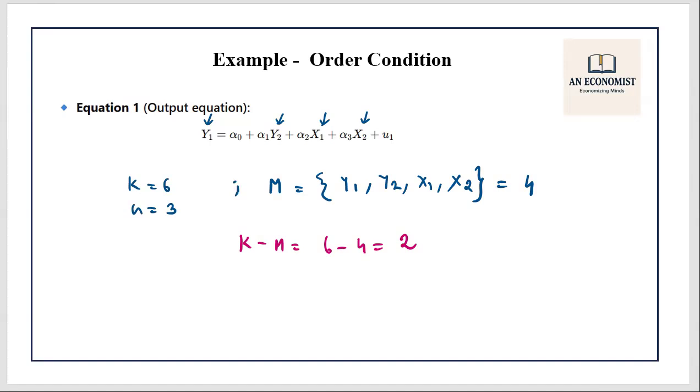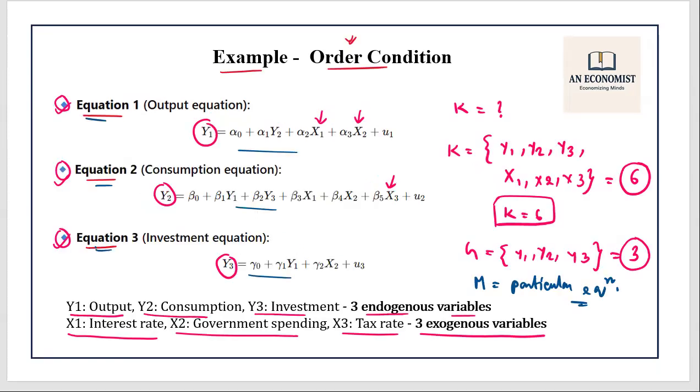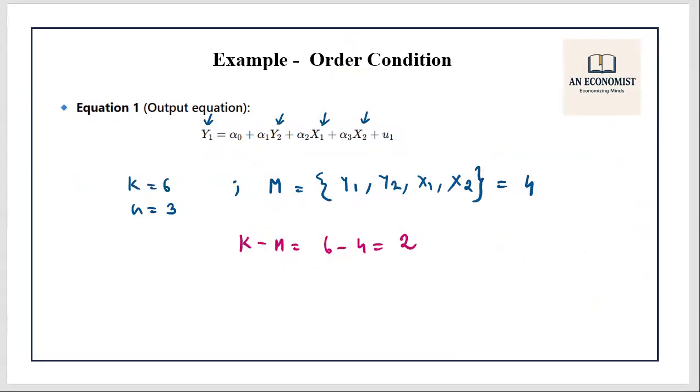So if you go back to the equation, in the first equation, you see you have two extra exogenous variables. You have two exogenous variables that are not present in this particular equation, but they are present in the model. Right? K is 6, the total number of endogenous and exogenous variables in the model, and M denotes the total endogenous and exogenous variables in a particular equation, currently the first equation.